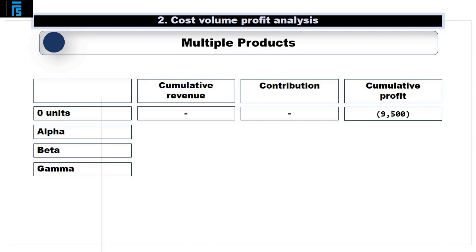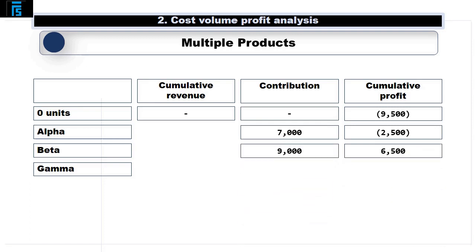So selling alphas generates $7,000 of contribution, giving us a net loss of $2,500. If we then sell betas, we generate a further $9,000 of contribution, and therefore we make an overall profit of $6,500. Making gammas generates another $7,000 of contribution, and now the profit becomes $13,500.